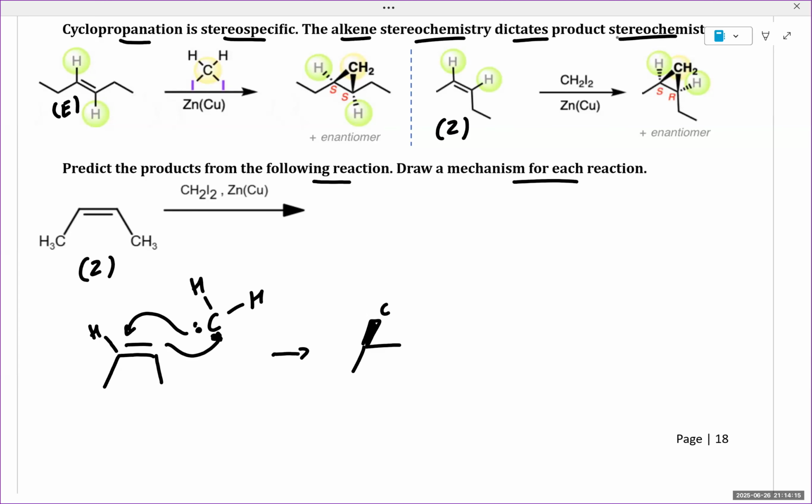So our cyclopropane carbon is installed in a syn fashion. We start with our two hydrogen atoms cis to one another. In the product, the two hydrogen atoms are cis to one another.